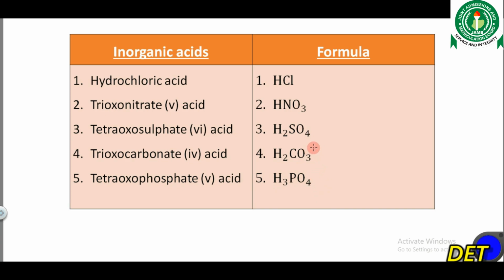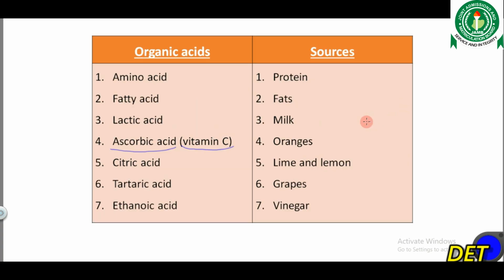So, like I said before, these two acids, they are what? They are weak acids. Why are they weak? Because they do not ionize completely in water, right? They are weak acids. While hydrochloric acid, trioxonitrate acid, and tetraoxosulfate acids, they are strong acids, right? They are strong acids.